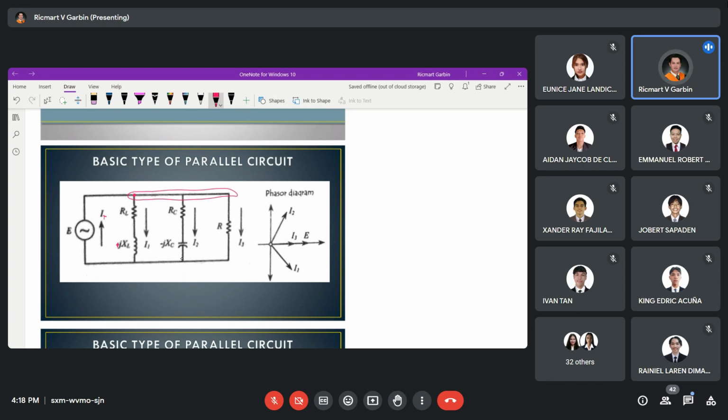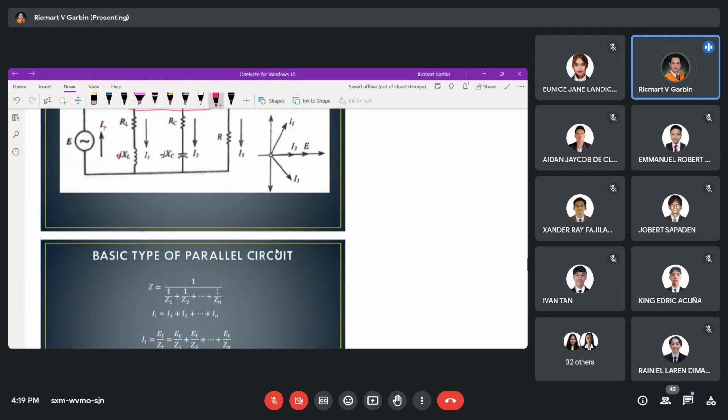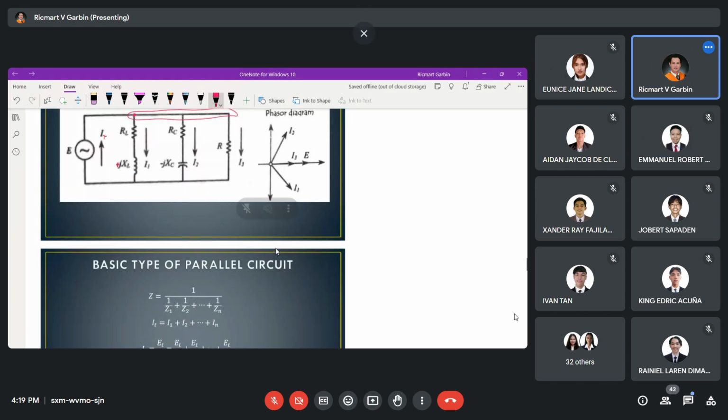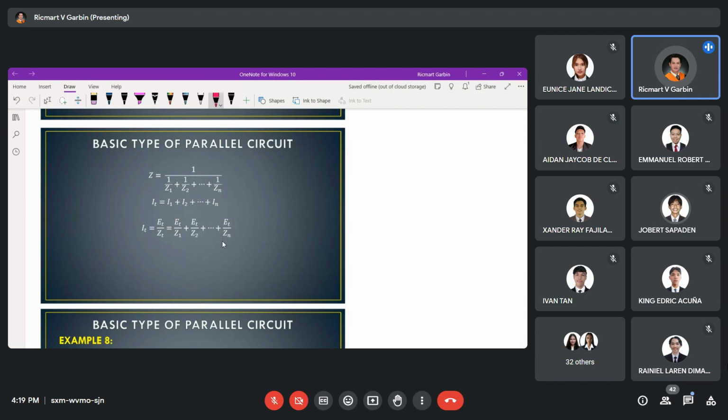So, paano natin isa-solve yung ating problem if we have this specific circuit? So, basic type of parallel circuit kapag parallel connection yung pinag-uusapan natin. The impedance is somewhat similar to a purely resistive circuit. So, kapag parallel, the total impedance is equal to the inverse of the summation of the inverse of the individual impedances.